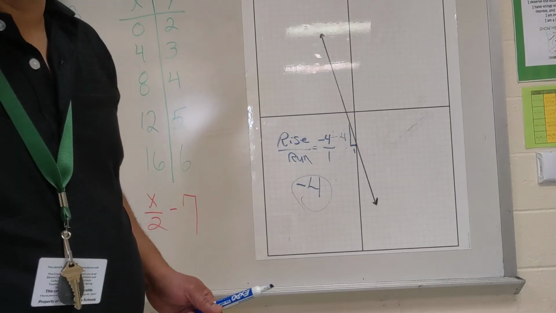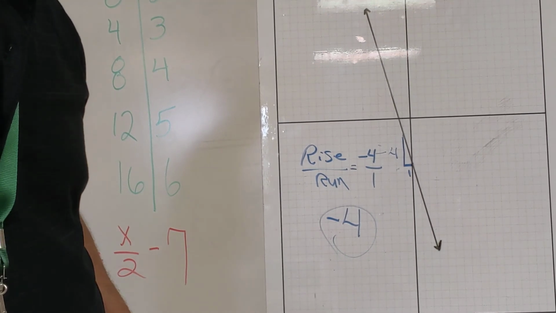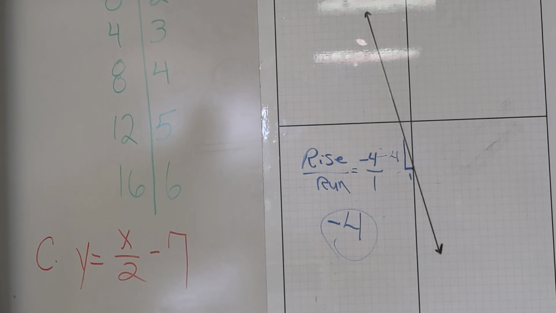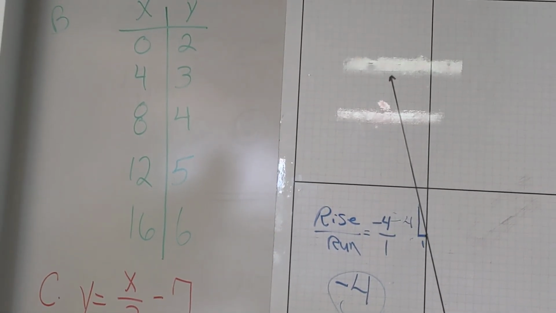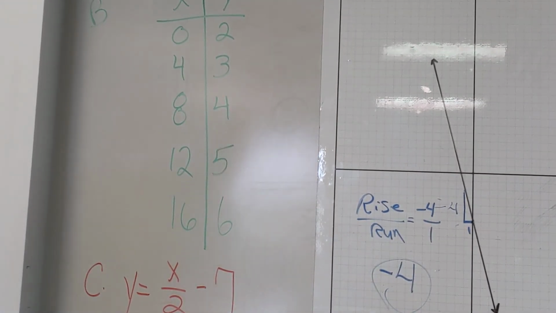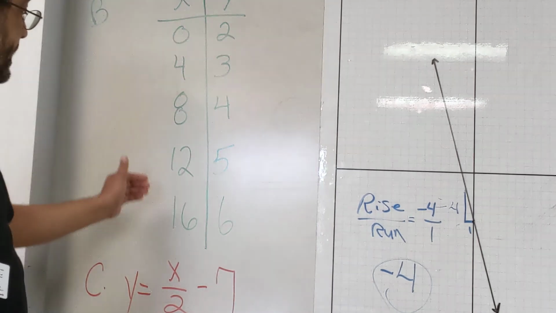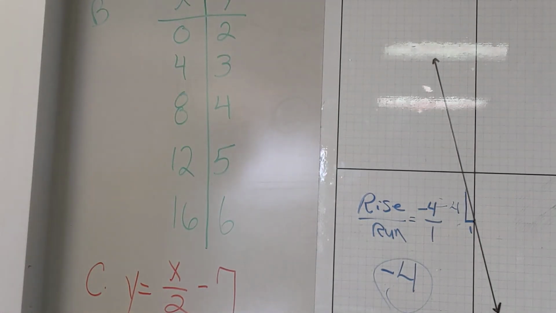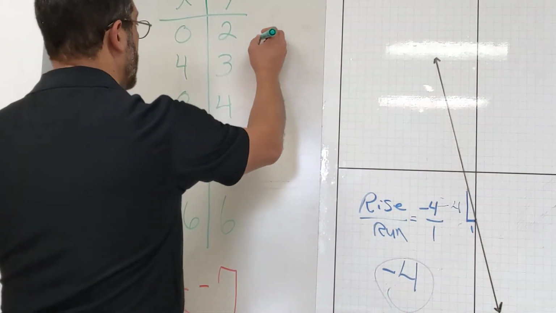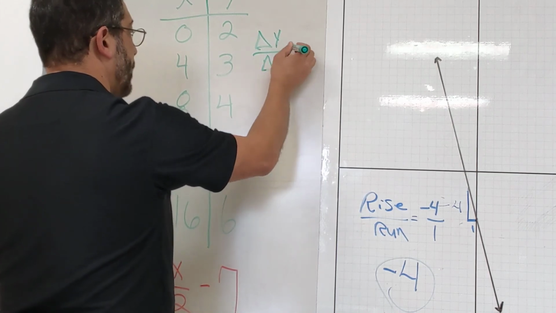Now, if I zoom out and go over here to my table, all right, I have for my y's 2, 3, 4, 5, 6, and for my x's 0, 4, 8, 12, and 16. So, remembering that I do change in y over change in x whenever I have a table.